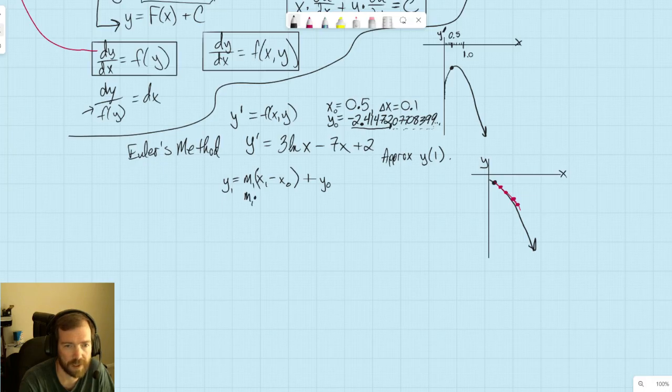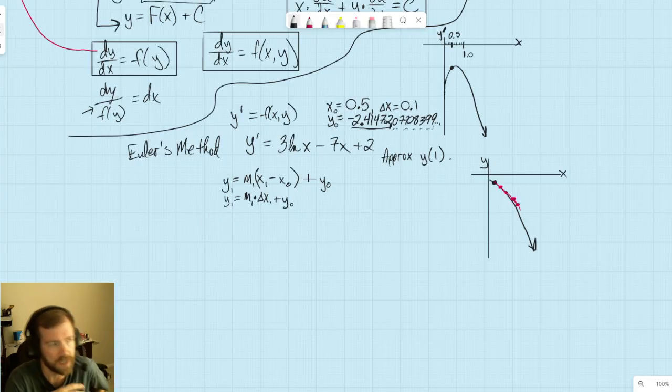So m1 times delta x1, because technically you could have a delta x which is different on a certain step. Your delta x can be anything you want it to be. In linear approximation, it's just delta x, and it's always going to be the same delta x.